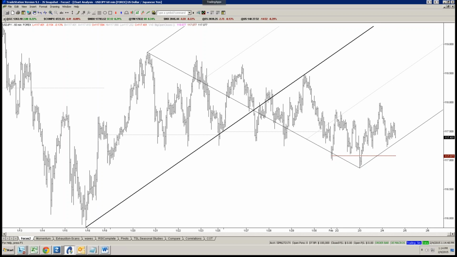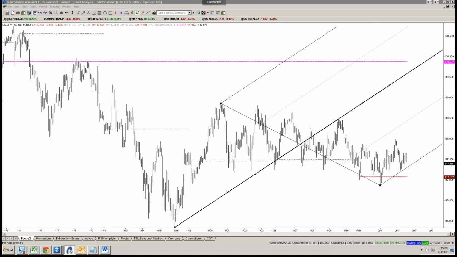The rally from the low is more distinct as a three-wave move, so it's probably just the first part of what's still a whole big correction from the highs in December.